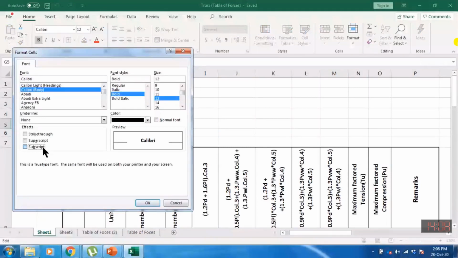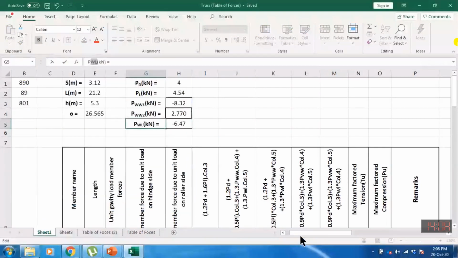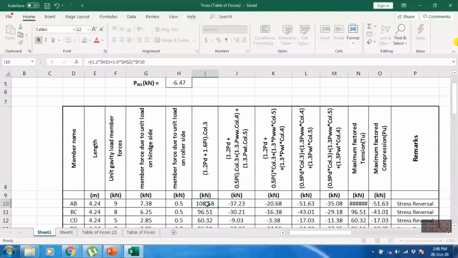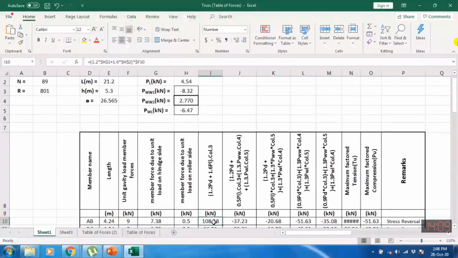So here, after that, what he has done, just see, this is 1.2. 1.2 means that he has added up PL with PD. PD is above.